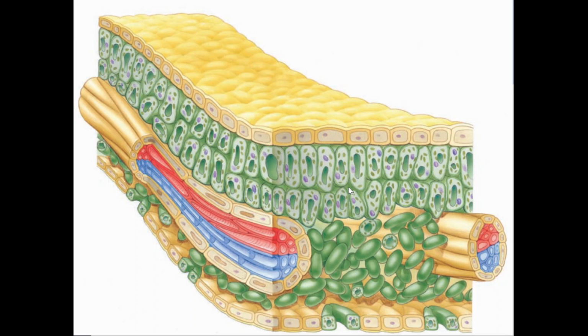The spongy mesophyll does not photosynthesize much because it is covered by the palisade mesophyll, but it allows air to pass through. This is its main function, to allow carbon dioxide to pass through the layers.